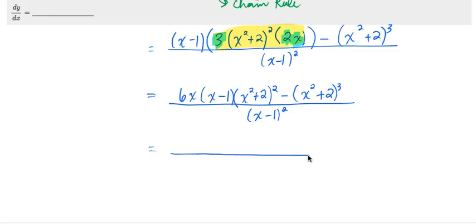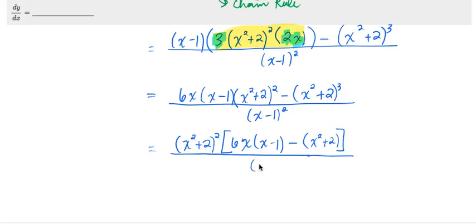If we take out 2 of those (x squared plus 2)'s, then in my numerator I'd be left with 6x times (x minus 1), and minus, I took 2 of them out, but there were 3 in this term to begin with, so I still have one more factor of x squared plus 2 in that second term.